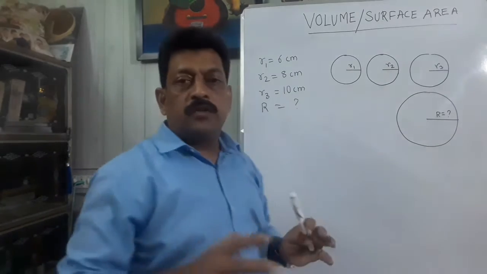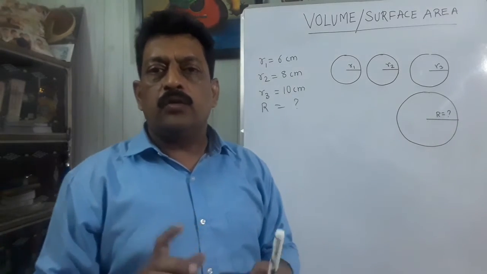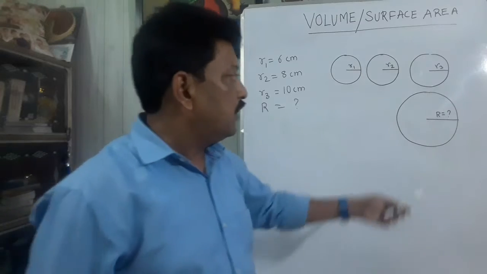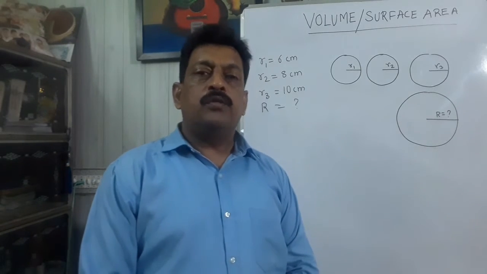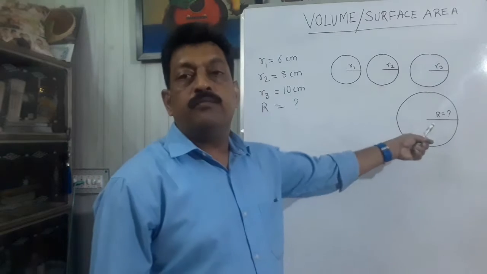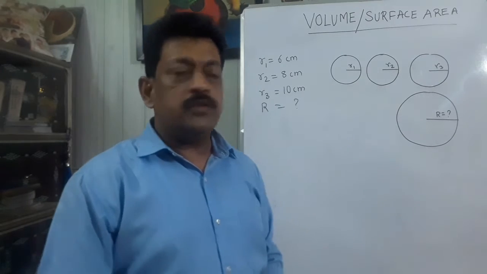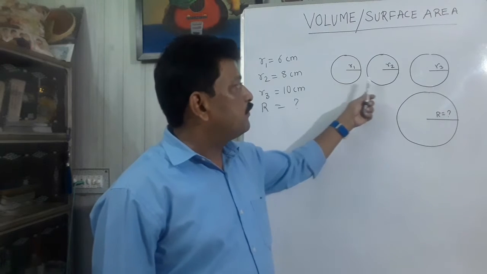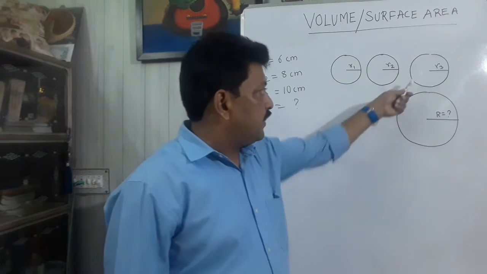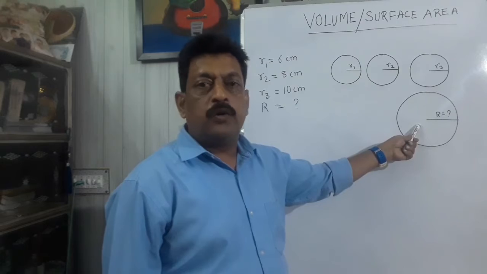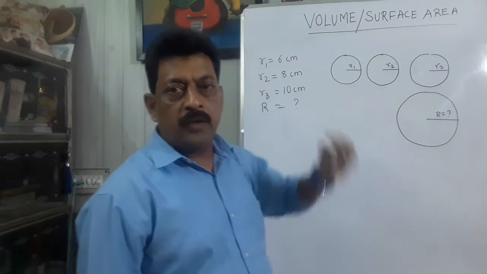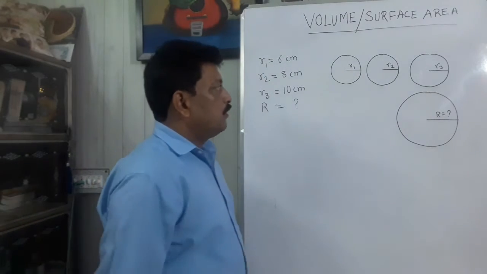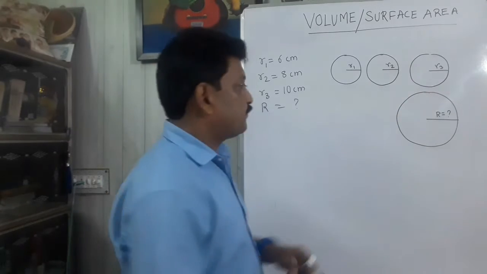These three spheres are melted together to form a big sphere whose radius is not known. We have to find the radius of the big sphere. It is quite clear from the question that the sum of the volumes of these three spheres will be equal to the volume of the big sphere. So first of all we have to find the volume of these three spheres.